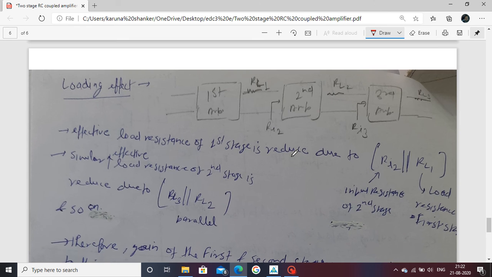Okay, next, what is the loading effect? Here we take the example of a first stage, second stage and third stage, and maybe n number of stages.